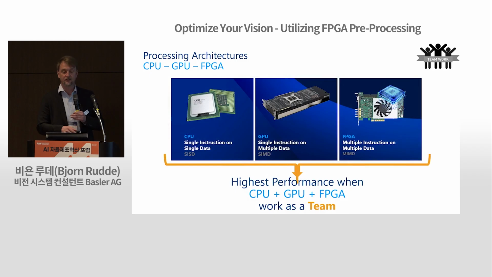On the FPGA, it's different because you can put your pre-processing task into the hardware, so into programmable hardware, and this approach is limited in its complexity, but its throughput can be exactly at the target level you are searching for regarding your application.